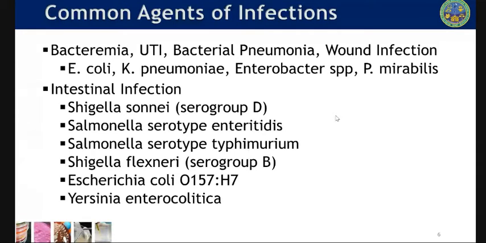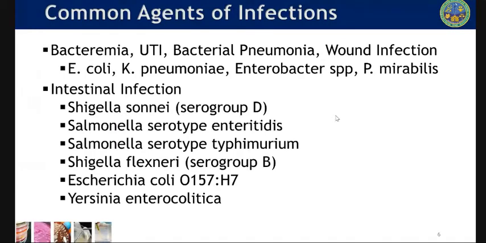Okay? Another one is Proteus mirabilis. And then for intestinal infections, we have several there. If you note those organisms, they belong to Salmonella and Shigella. And as I have said a while back, you have Yersinia enterocolitica.